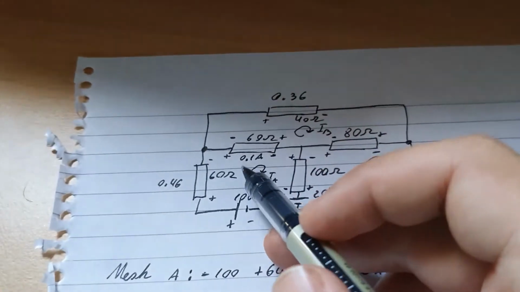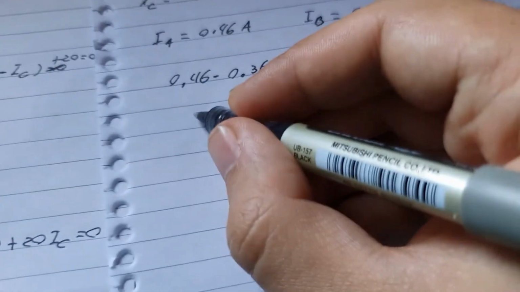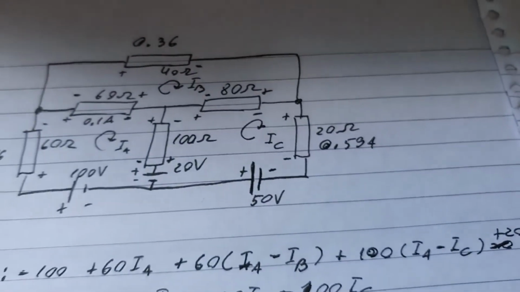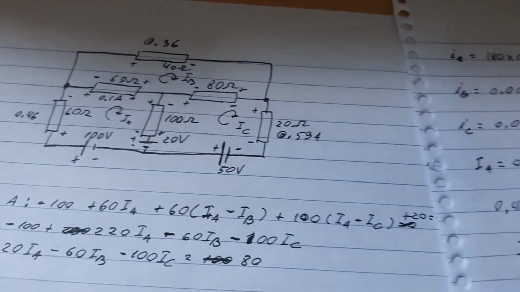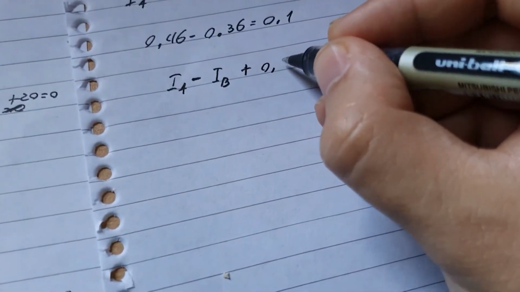So in this node, current IA is coming in, so it's positive, so it'll be IA, and then it will be minus IB, because that's the case going the reverse way, and then plus the current here at the output, which will be 0.1.